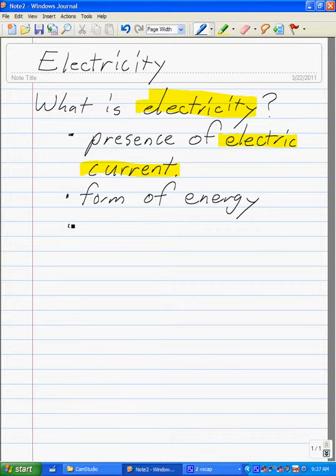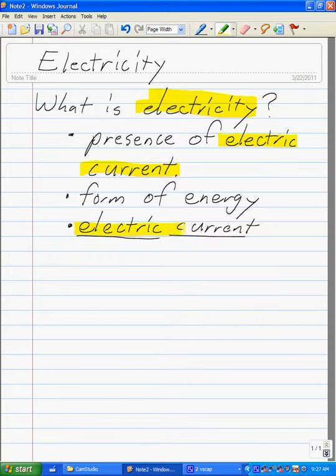And we're going to give electric current a definition. Electric current is the movement of electrons.